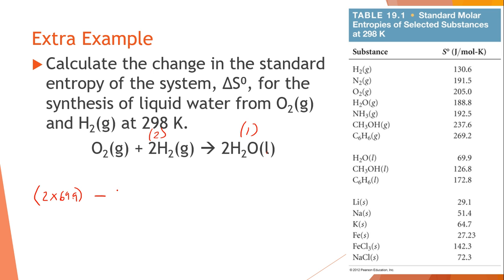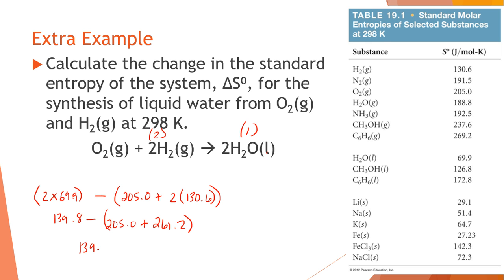Minus, here I have 1 oxygen gas, so oxygen is going to be 205.0, plus I have 2 hydrogen, so 2 times hydrogen is 130.6. And then you can go ahead and solve. When you multiply that, you get 139.8 minus, we still have our 205 here, but when you multiply these two values, you get 261.2.